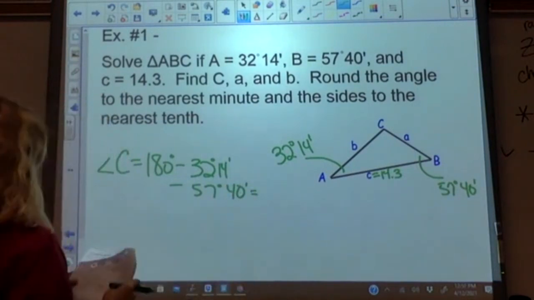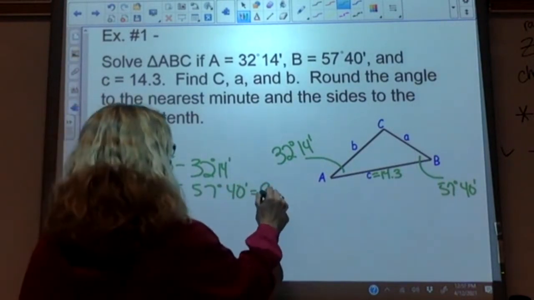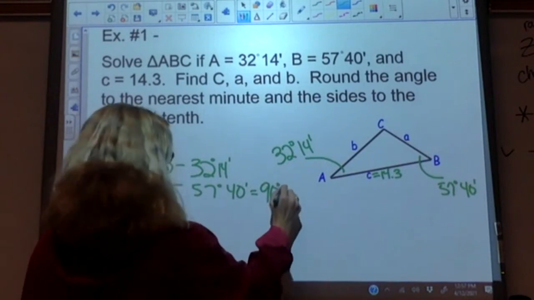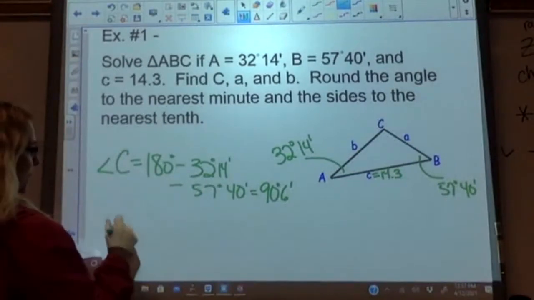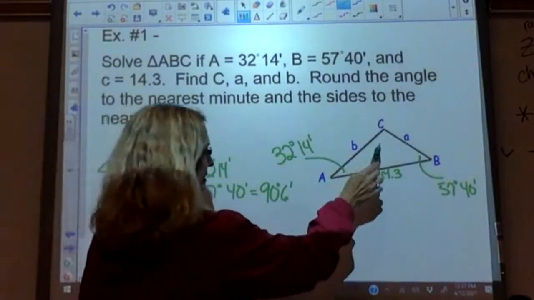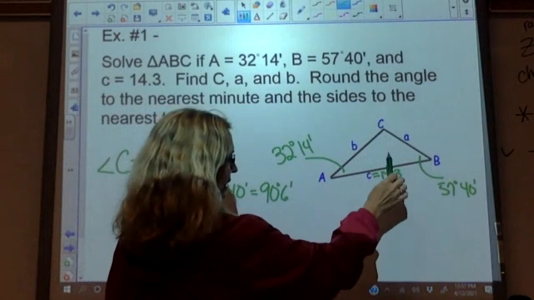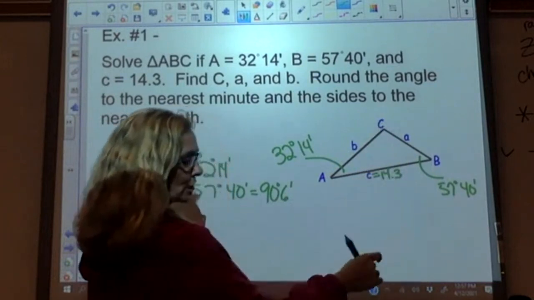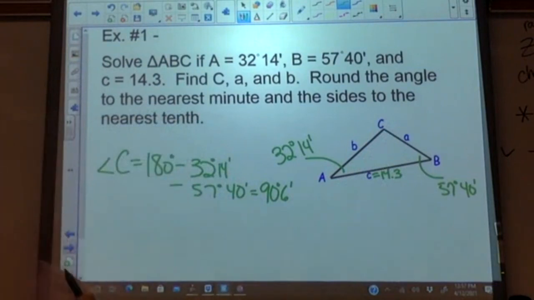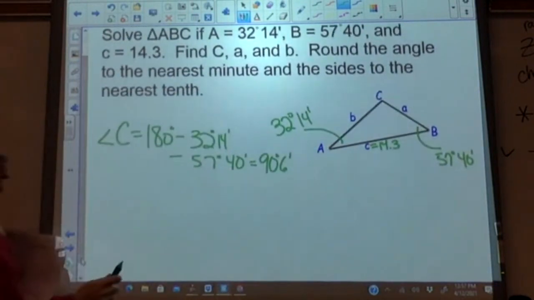When we subtract, this gives us 90 degrees, 6 minutes. Now we have angle C and we have side c, and we need two of the same letters.